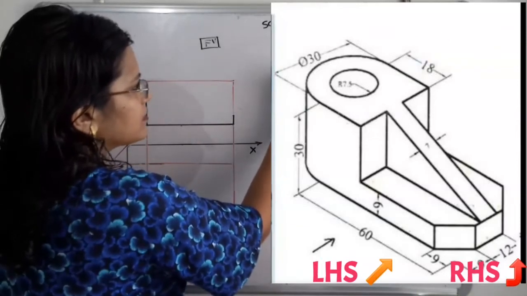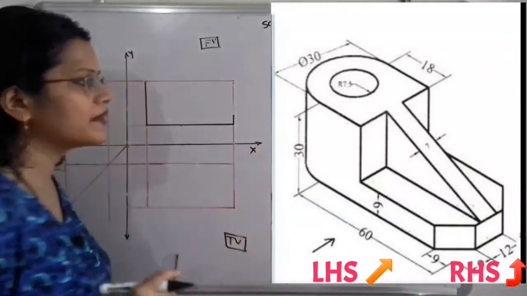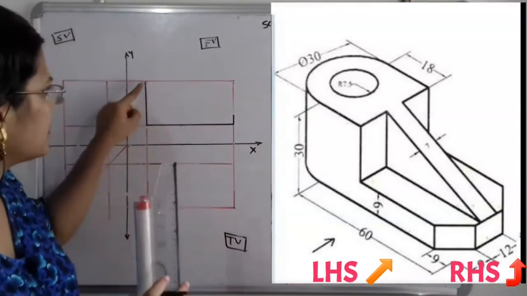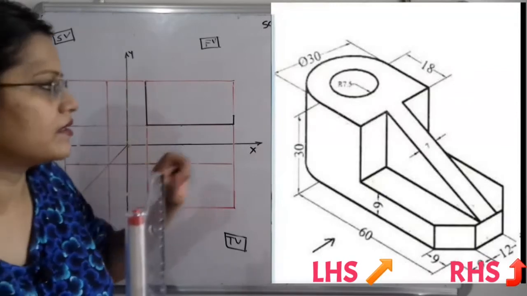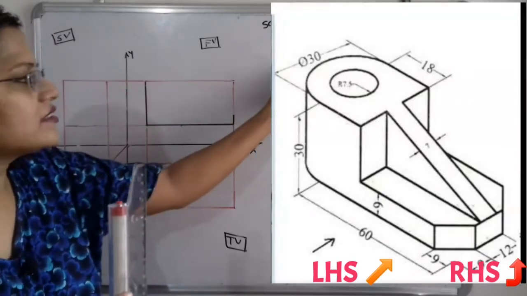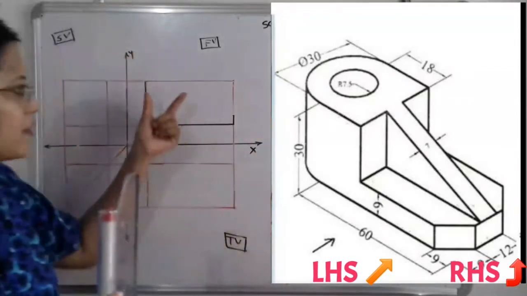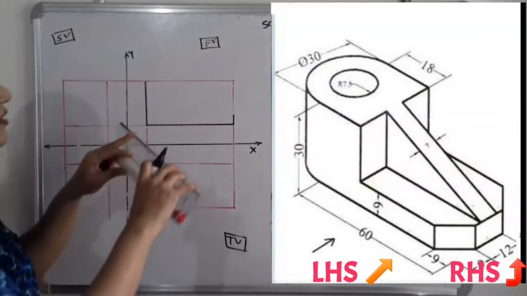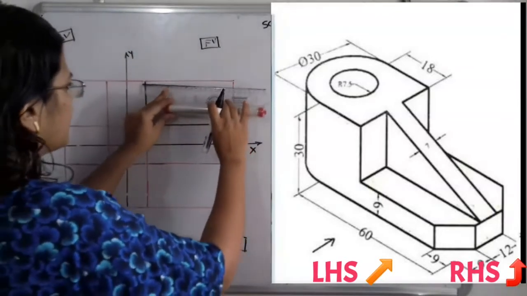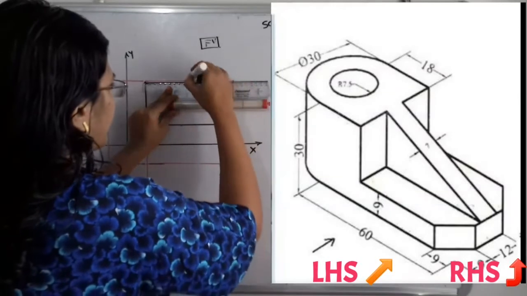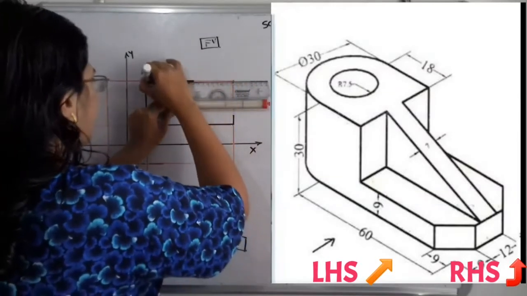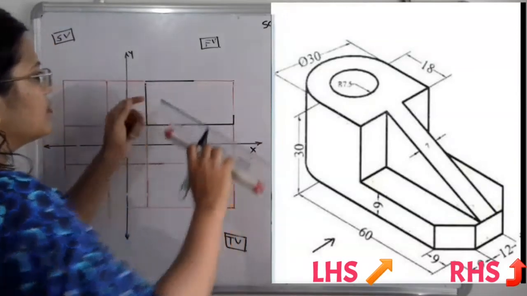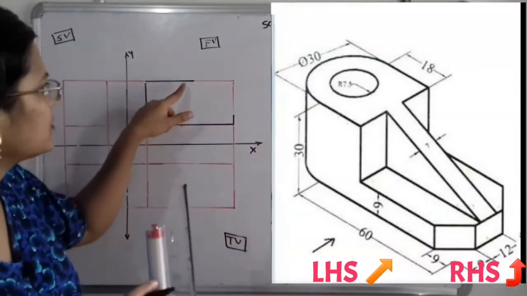That means here 33 millimeter length is there for this construction of the height of 30 millimeter. So now here is 33 millimeter. So in this orthographic projection we will take here 33 into 3, that is 99. So I will mark here one point and I will complete the construction. So this is the construction.